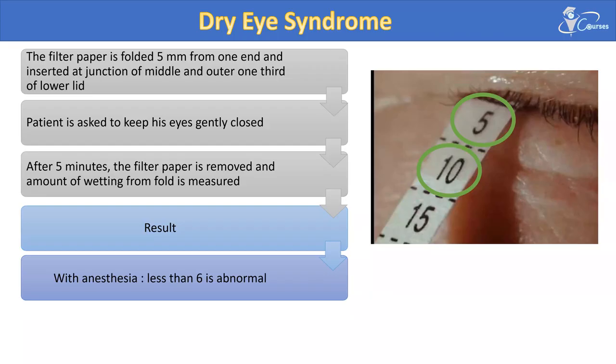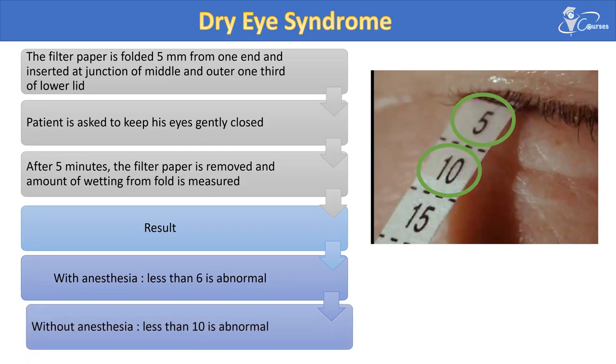If without anesthesia, measuring both basic and reflex lacrimation, it is less than 10 millimeters, again, it is considered abnormal.